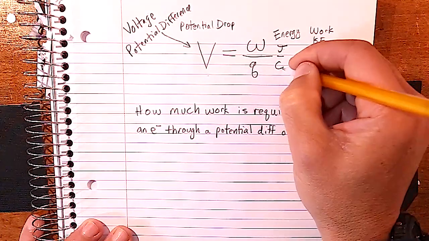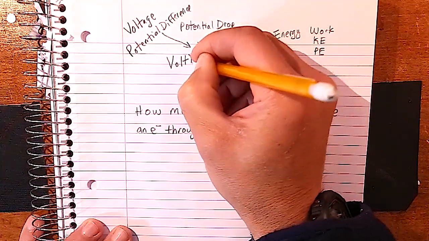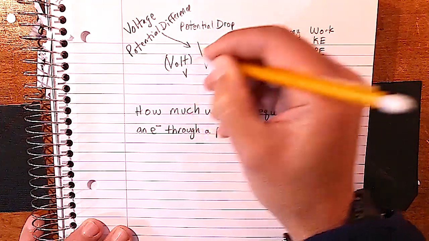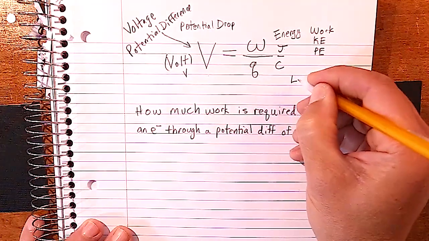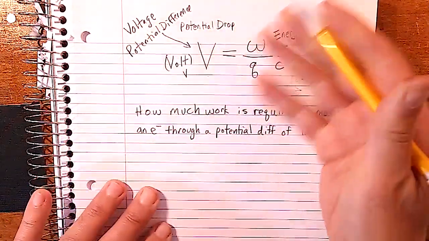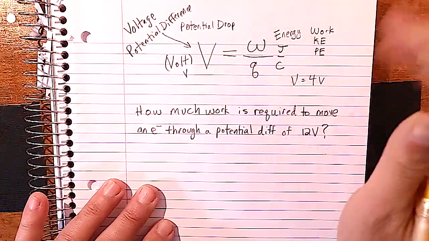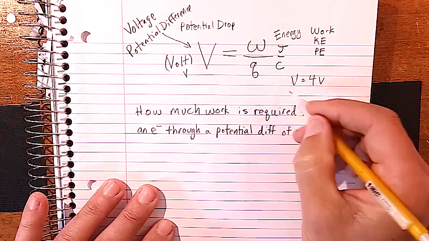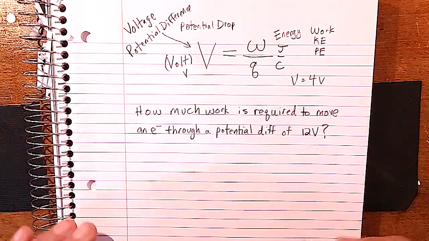So a joule per coulomb has a name. It's called the volt. And the abbreviation for the volt is also a capital V. So if we write this as V equals 4V, then this V is our voltage or potential difference, and this V is our unit, the volt.